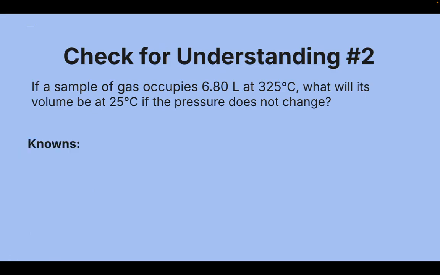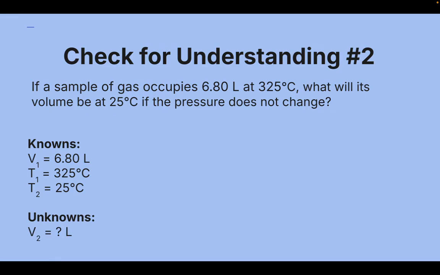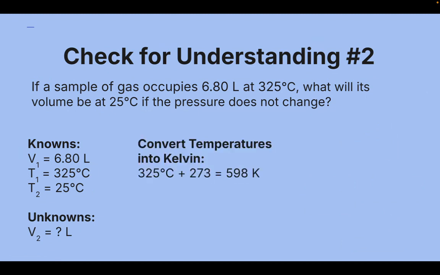For this one, your known values, we had an initial volume of 6.8 liters, an initial temperature of 325 Celsius, and a final temperature of 25 degrees Celsius. Our unknown value, we were asked to solve for our final volume. Our temperatures were given in Celsius again, so you should have converted them into Kelvin by adding 273 to each.